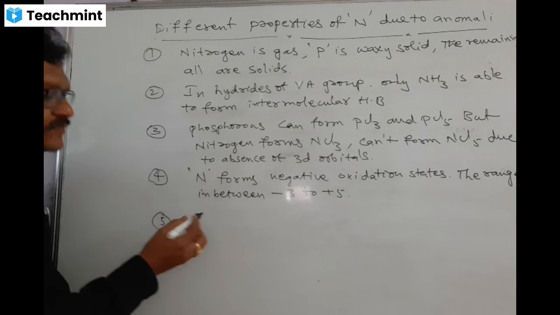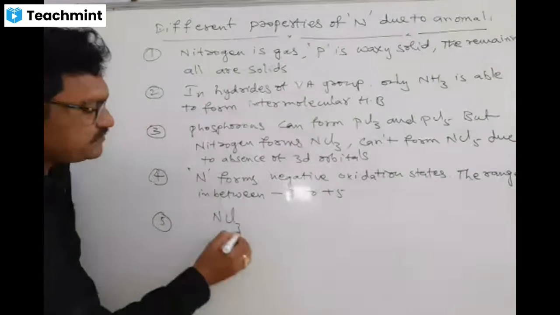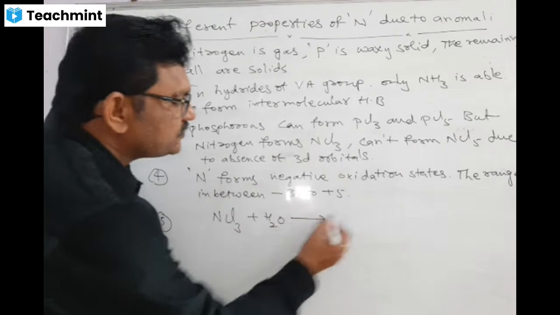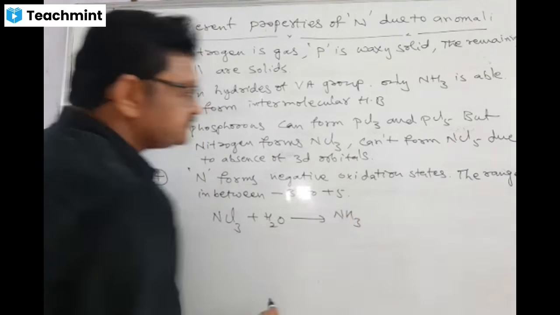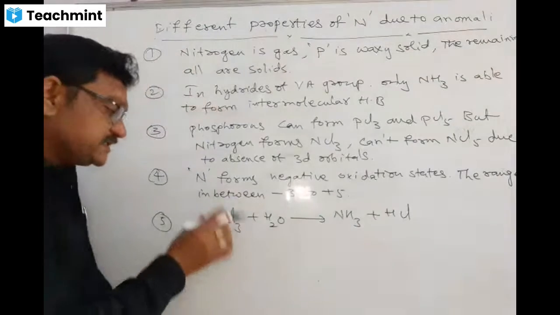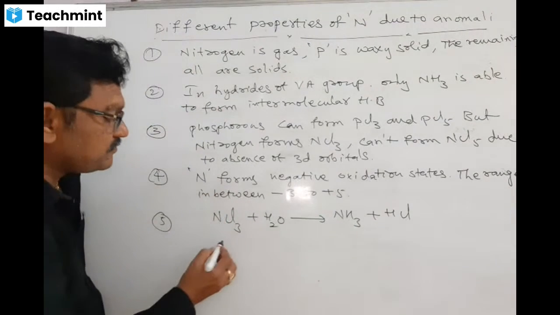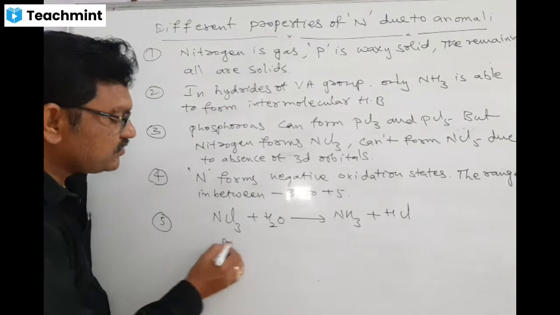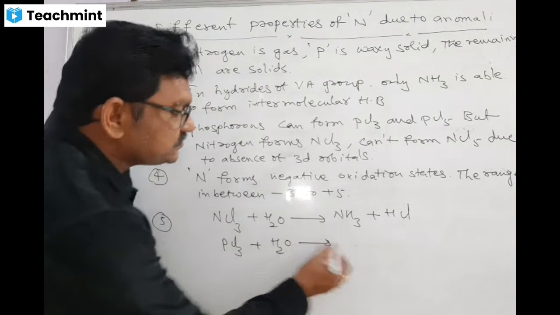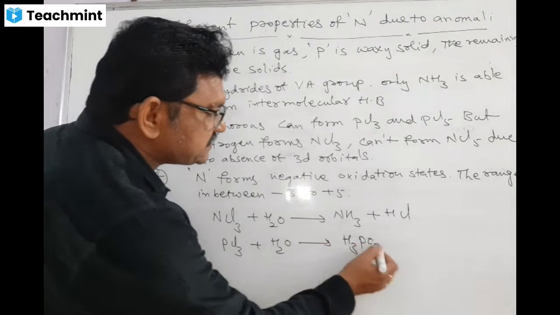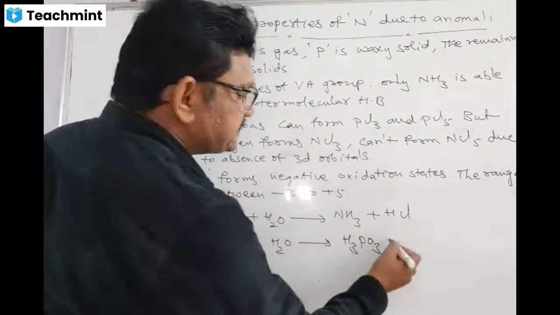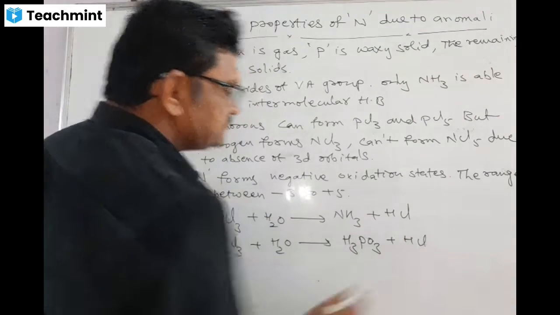Fifth one, nitrogen trichloride on hydrolysis gives ammonia with HOCl. But the same PCl3 on hydrolysis gives phosphorus acid H3PO3 with HCl.